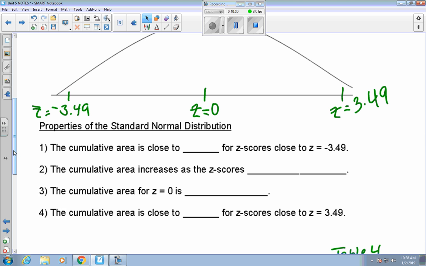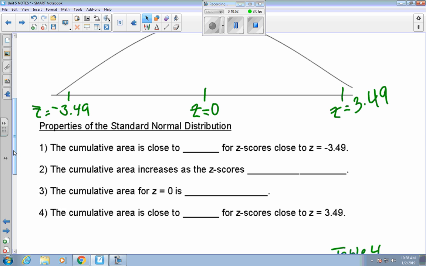And the cumulative area is close to 1 for z-scores close to z equals 3.49. Now, you can have z-scores that are greater than 3.49, and you can have z-scores that are less than negative 3.49. Those are outliers. They're not very likely to happen, but they can.